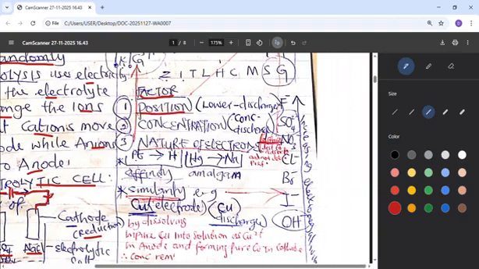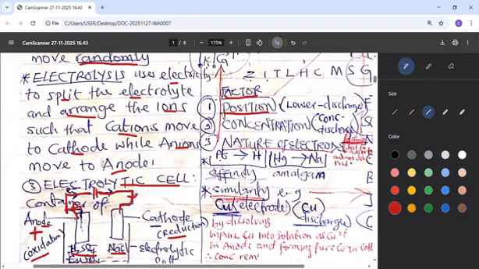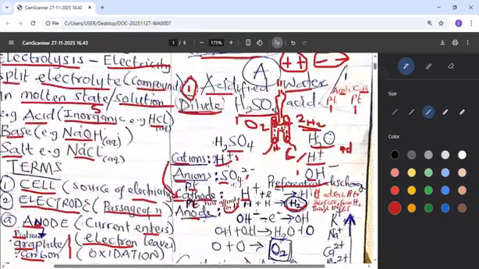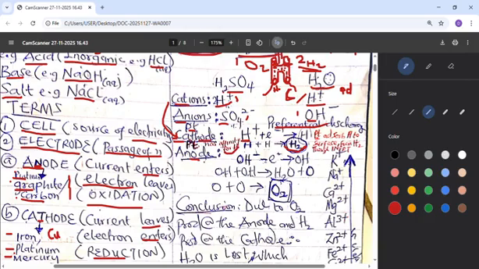So anyone that is lower, take note that the lower one is the one that will be discharged, just like a police and a soldier in a car, the police has to stand up for the soldier. So that's why the one that is lower will be preferentially discharged. You can see OH is lower than SO4 because it is increasing like this. So OH will be preferentially discharged, and that's why you can see that OH is selected here.